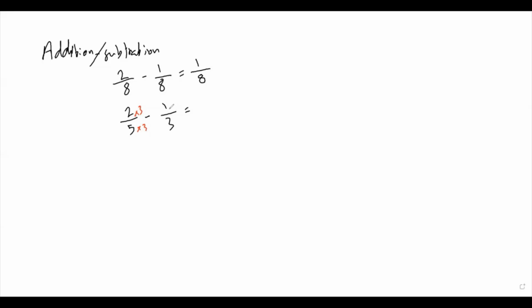And then for the second fraction, you multiply by 5, which is the denominator of the first fraction. So you should do that to top and bottom.